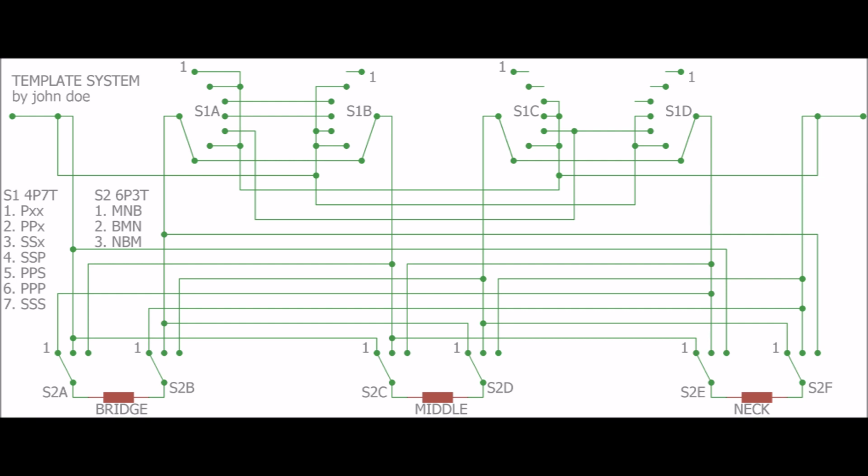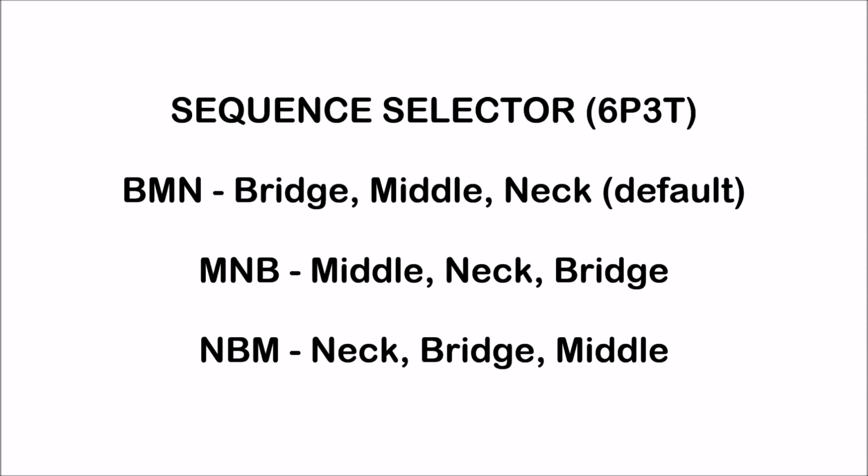The pickups are then positioned in a sequence in the selected pattern or template, that will connect the desired combination, which is the function of the second circuit block. The possible position order or sequence of the pickups are 6. But considering that the direction or order of the sequence is irrelevant, there are only 3 electrically unique sequences.